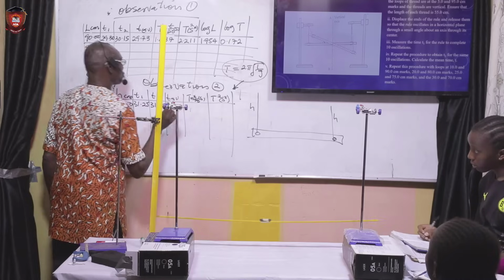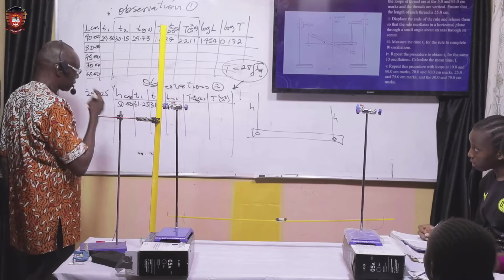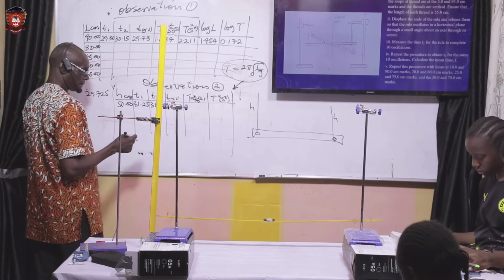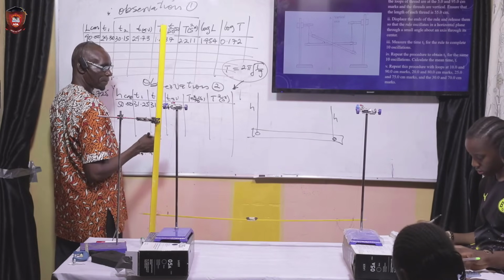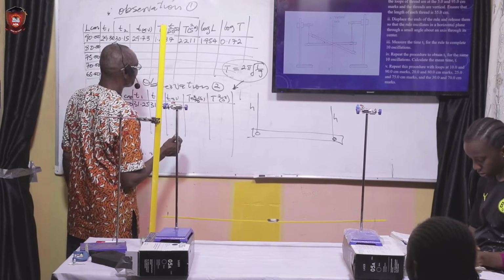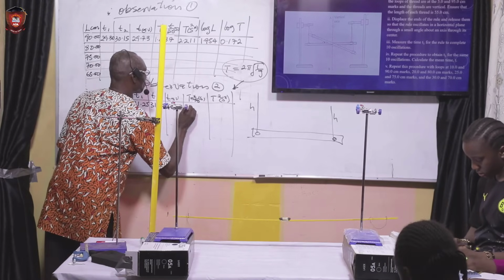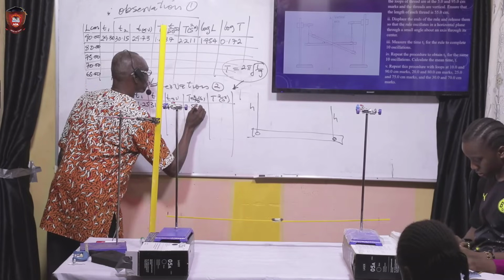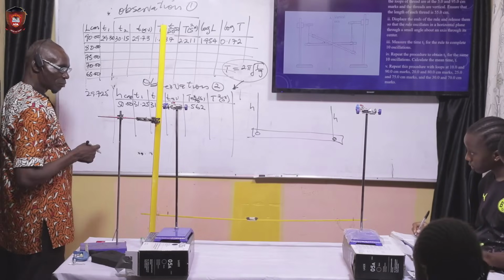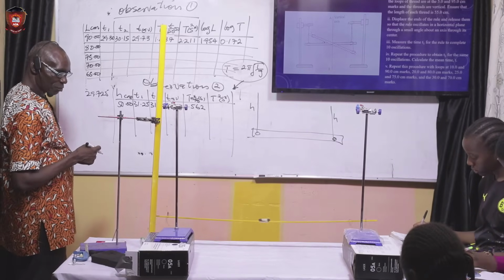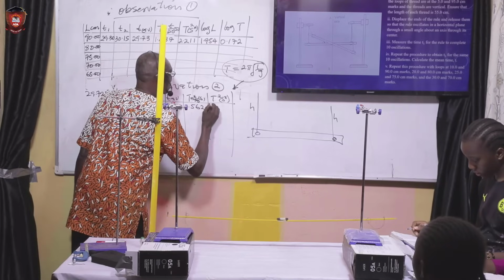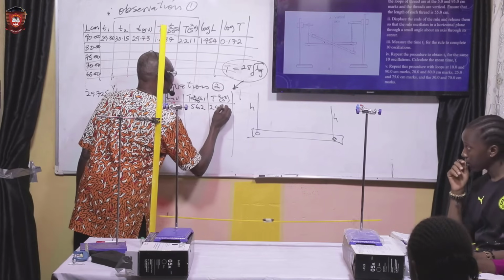31.22. Period of oscillation, 1.562. Period squared, 2.439.